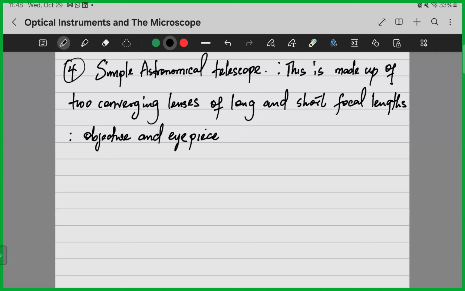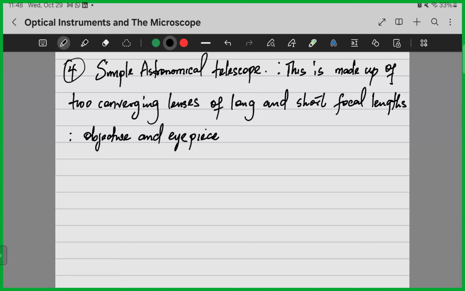When we have ML, which is linear magnification, it is simply equal to focal length of objective over focal length of eyepiece. So just take note of these formulas. We play better with them. So I said this is linear magnification. Take note of that. We'll keep going.